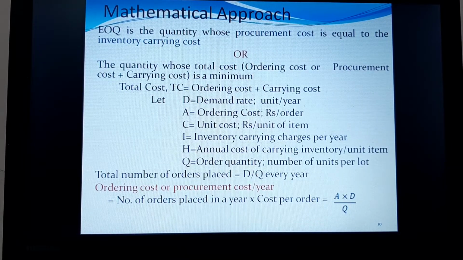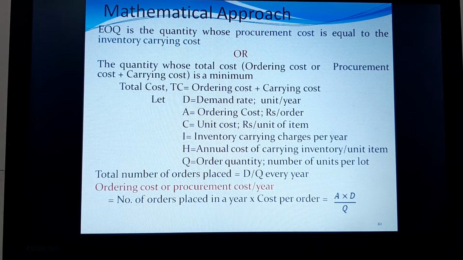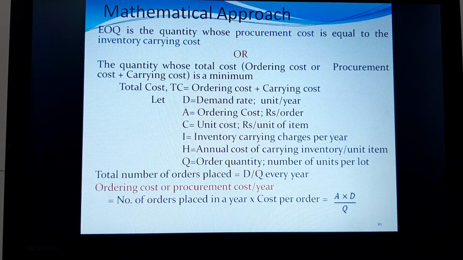In this mathematical approach, EOQ is the quantity whose procurement cost is equal to the inventory carrying cost. So you are balancing how much you procure, that cost, against the inventory carrying cost. Keeping this in mind, it is a balanced quantity.